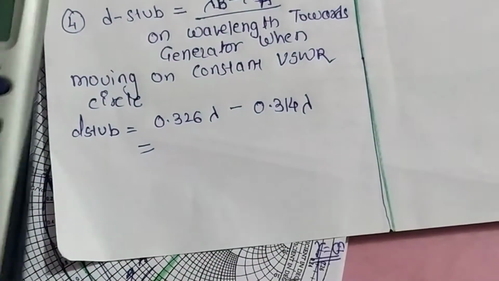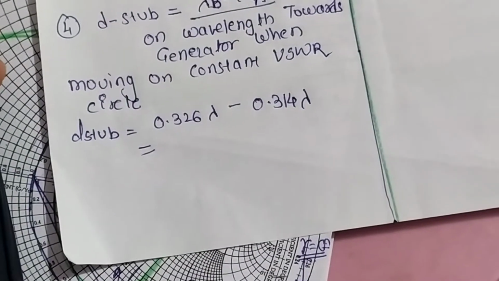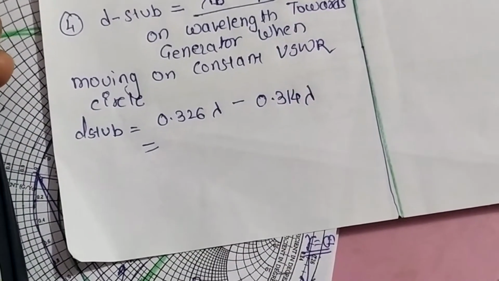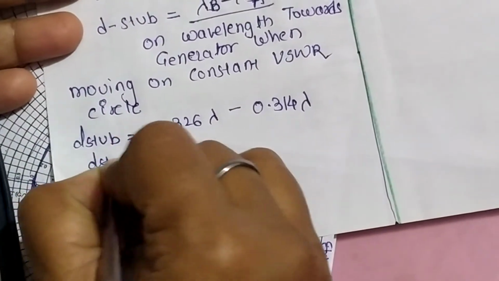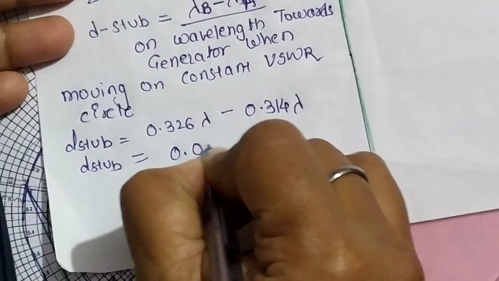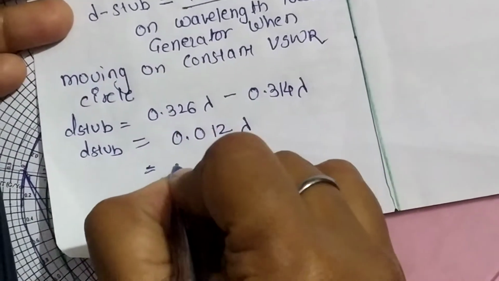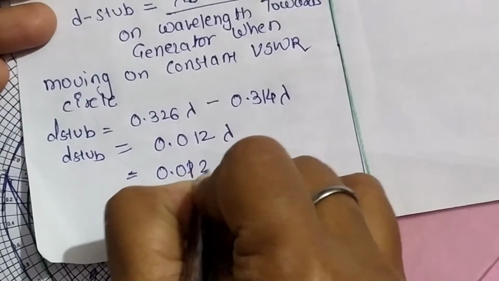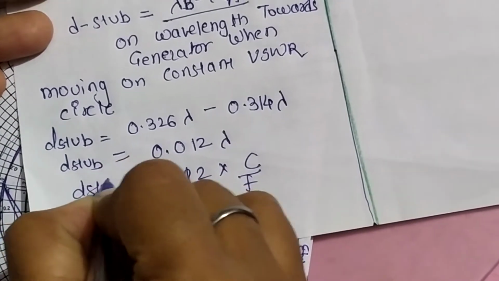Let me use the calculator for this: 0.326 minus 0.314. So D stub is equal to 0.012 lambda, that is 0.012 into C upon F. This is your D stub.